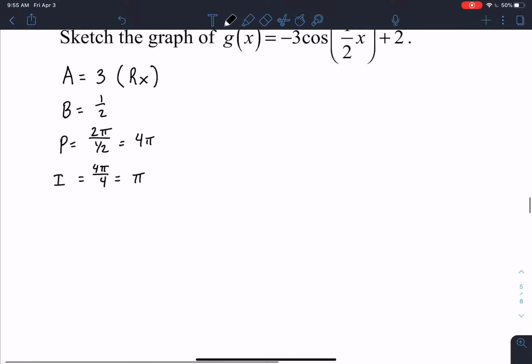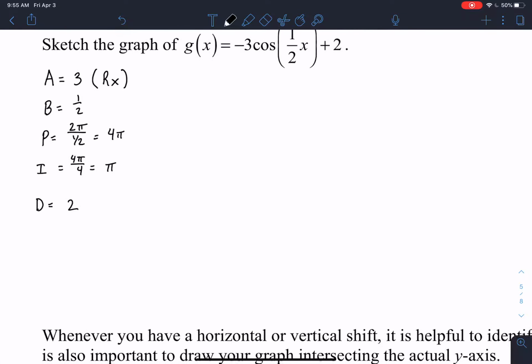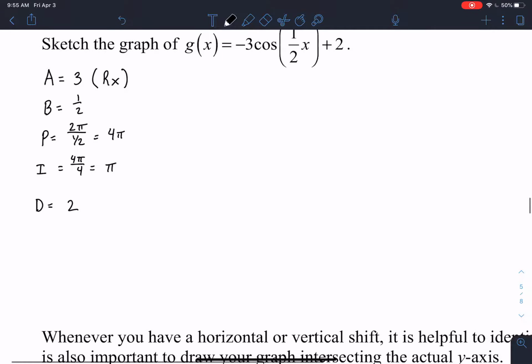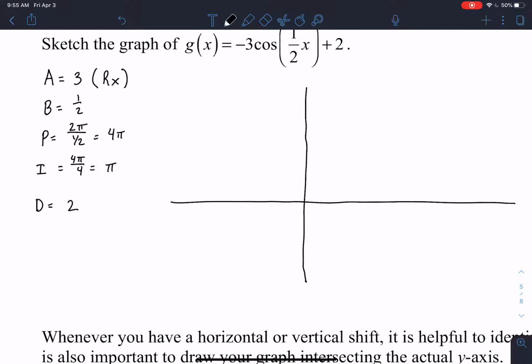And then my axis here is going to be at 2. So if my new axis is at y equals 2, that means I'm going to go up to positive 5, and I'm going to go down to negative 1. So that should adjust your graph a little bit.